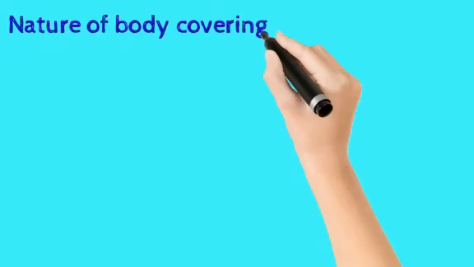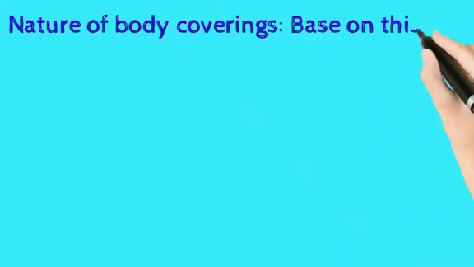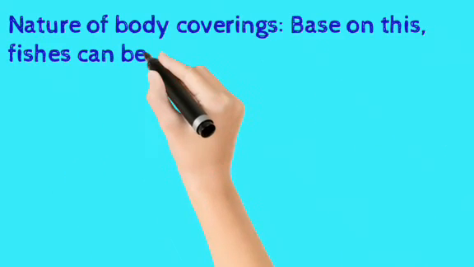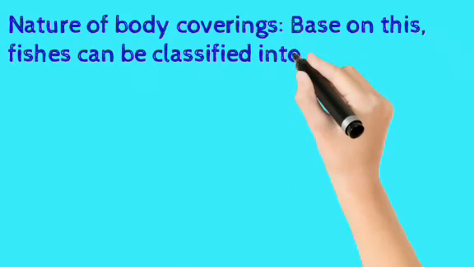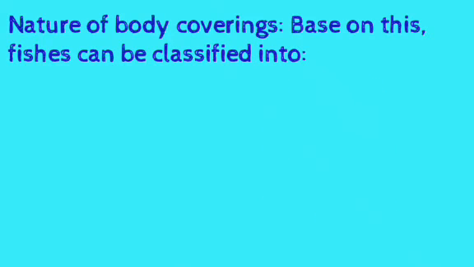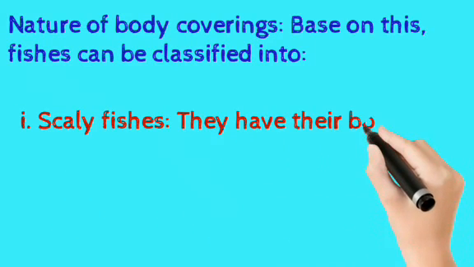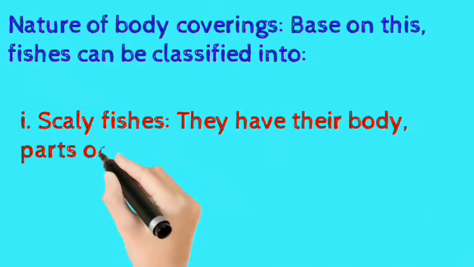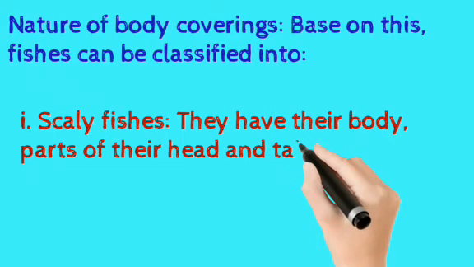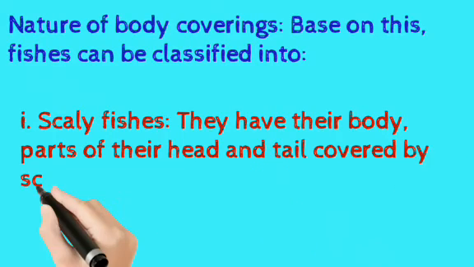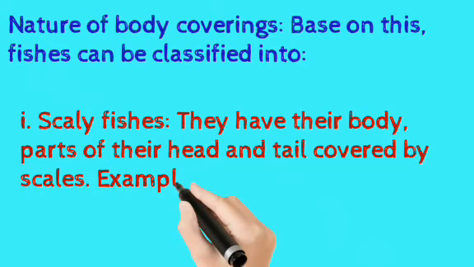Now, the second category is the nature of body coverings. Based on this, fishes can be classified into two: the scaly fishes and the non-scaly fishes. Now the first one, scaly fishes. Scaly fishes have their body or part of their head and tail covered with scales.